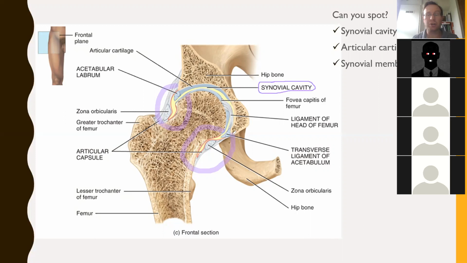That's our synovial membrane. The membrane, remember, takes nutrients from the blood and creates this synovial fluid. It's a really thin, almost oily fluid that allows those surfaces to maintain their slipperiness and also their nutrition.